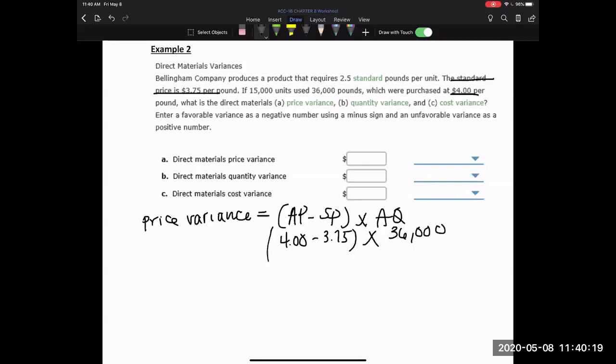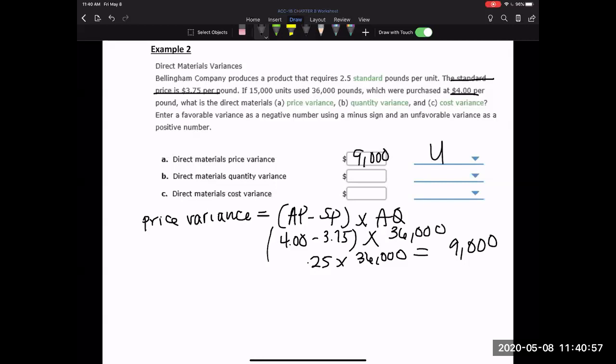That's gonna give us 25 cents. And that 25 cents times the 36,000 pounds comes out to 9,000. As I mentioned before, this is going to be an unfavorable variance because our actual price was $4, but the standard called for $3.75. So in regards to the price variance, we have a $9,000 unfavorable variance. So it will be a positive 9,000, and I'm going to put unfavorable here.